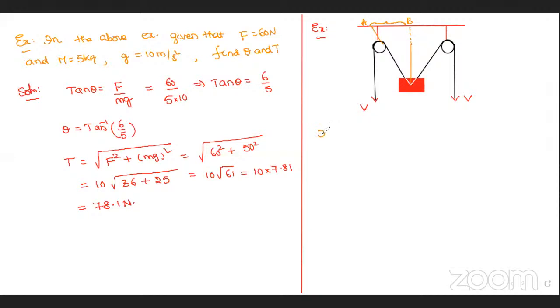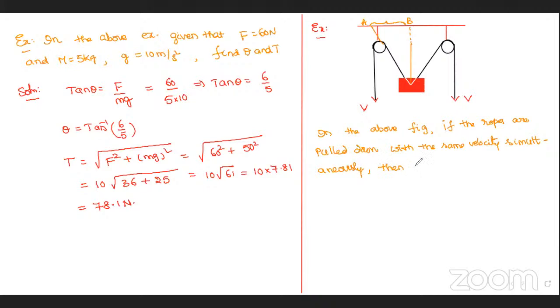In the above figure, if the ropes are pulled down with the same velocity simultaneously, then what is the velocity of the block?